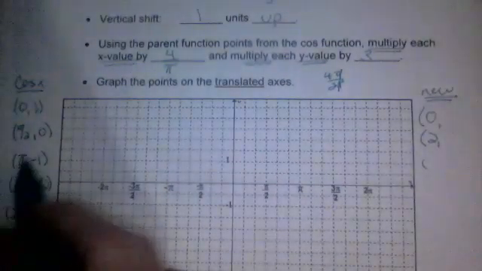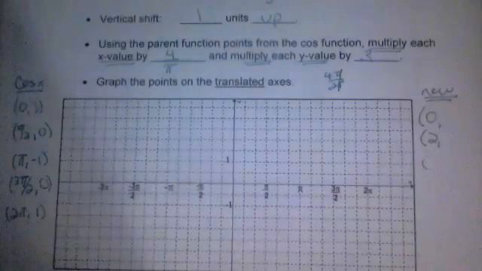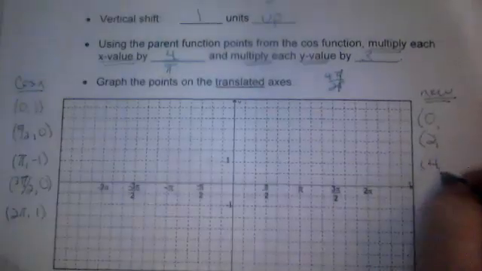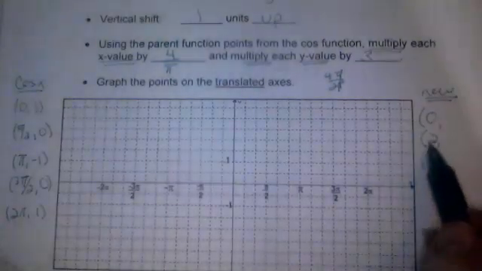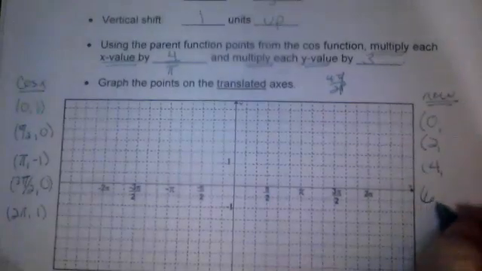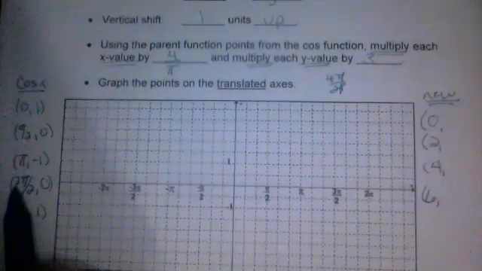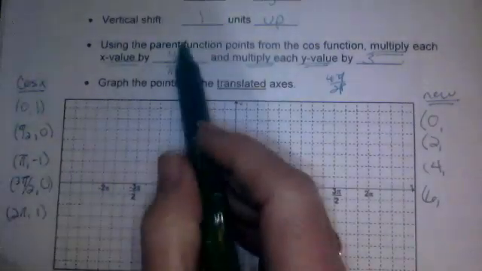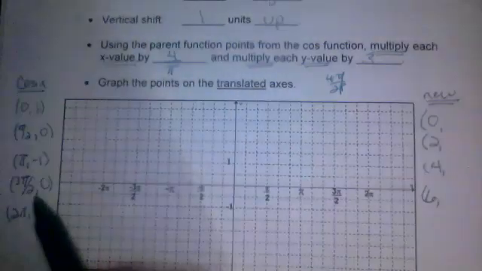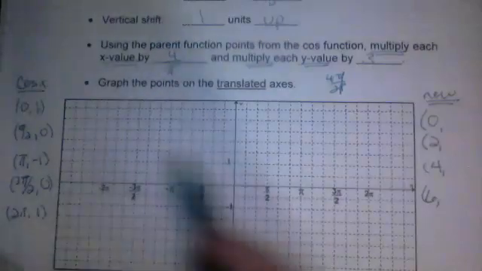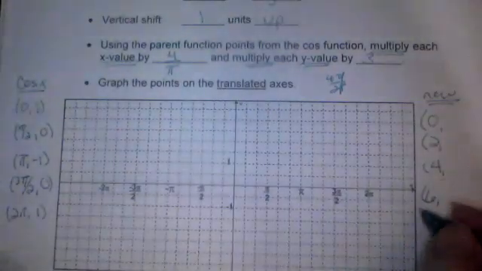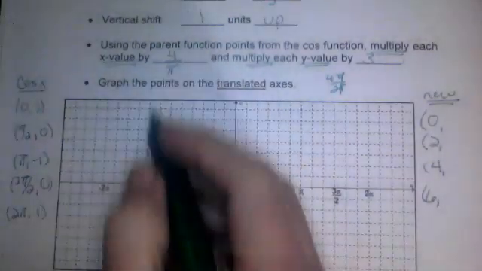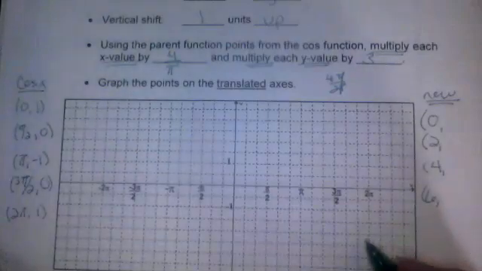All right, pi times 4 over pi would be 4 pi over pi, which is just 4, and then you can probably see the pattern, 0, 2, 4, 6 is what we're going to get when we multiply 3 pi over 2 times 4 over pi, so that would give us 12 over 2, which is 6, and then 2 pi times 4 over pi would give me 8.